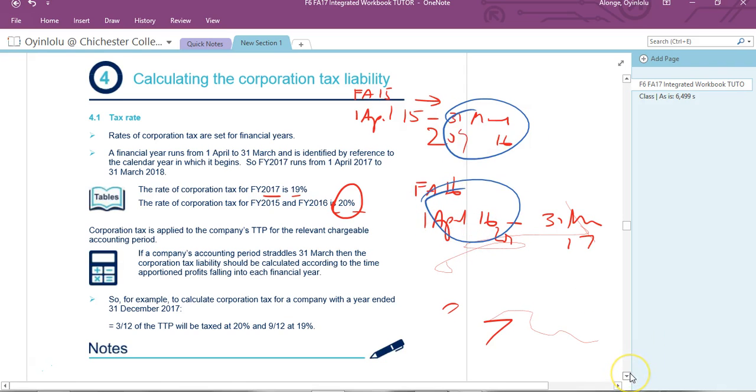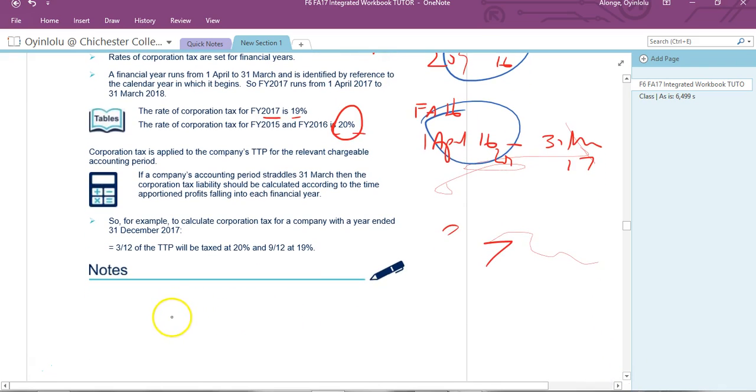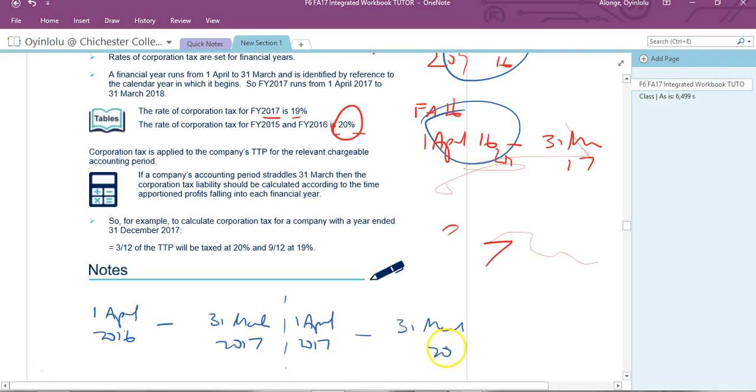So let me explain. Let's use the notes to explain what's going on. Say, for example, the 1st of April 2016 to the 31st of March 2017, then the 1st of April 2017 to the 31st of March 2018.